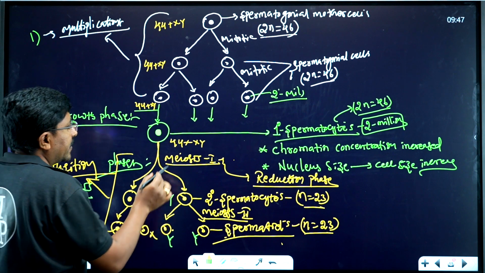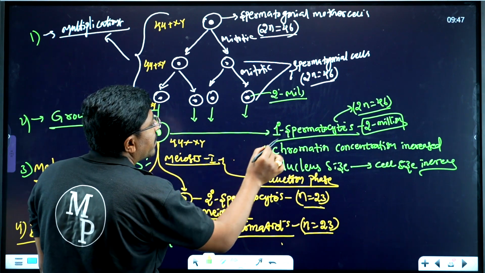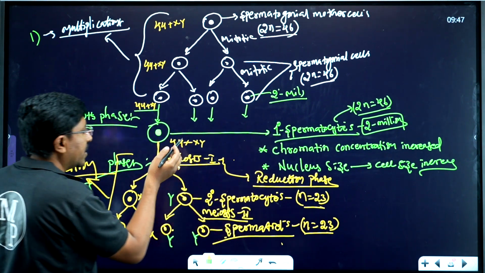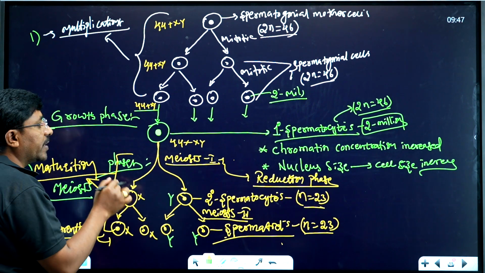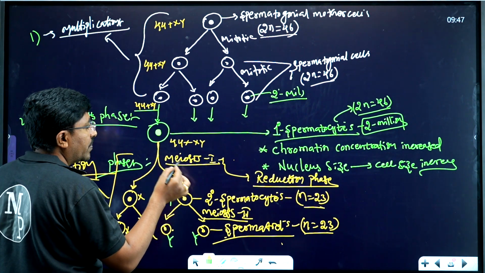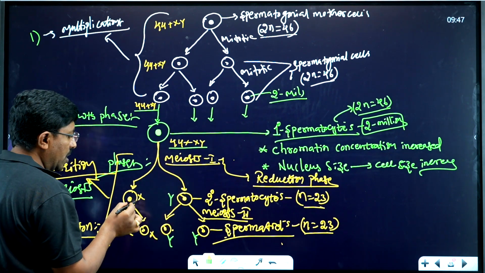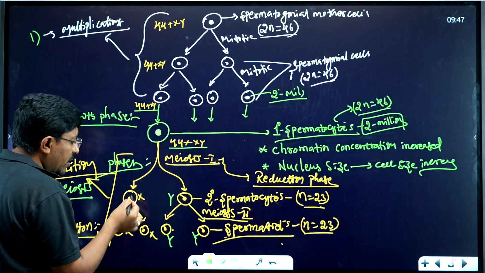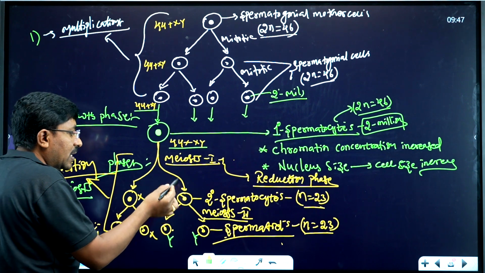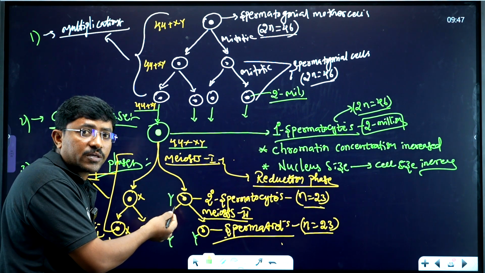Next, when the primary spermatocytes enter the maturation phase, in the meiosis 1 process, the reduction division, of the X and Y chromosomes, one allosome enters one daughter cell and the other allosome enters the other daughter cell.